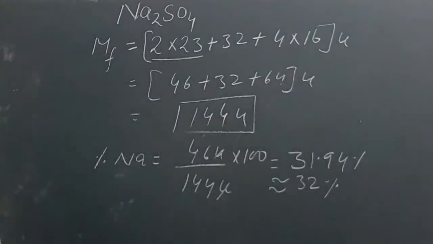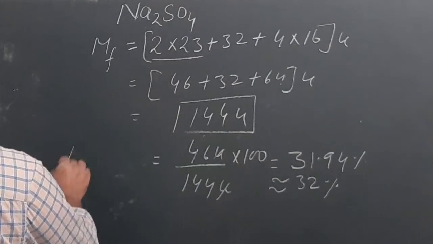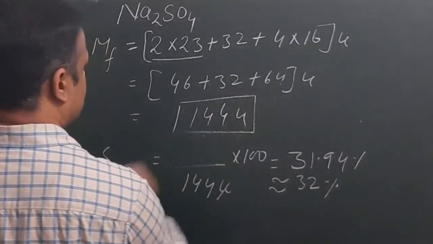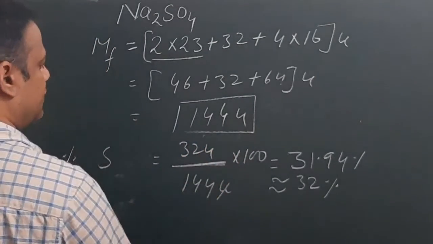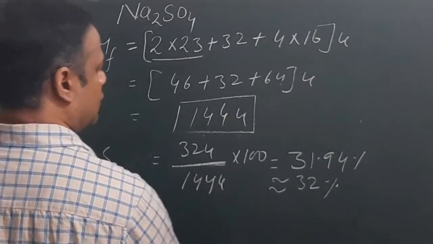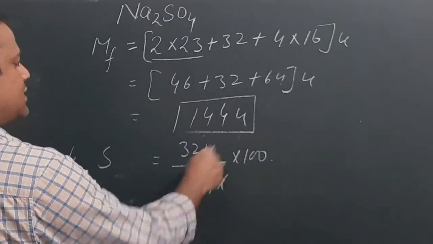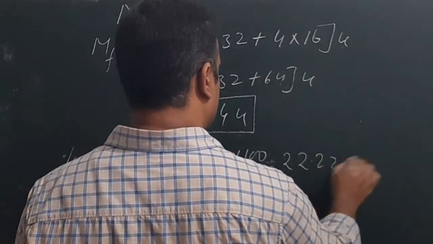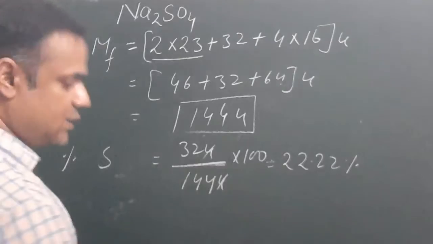Next is mass percent of sulfur. Mass percent of sulfur will be mass of sulfur, that is 32 U divided by 144 U into 100. So U will cancel out here, and that will be 22.22%. Now we come to percentage of oxygen.